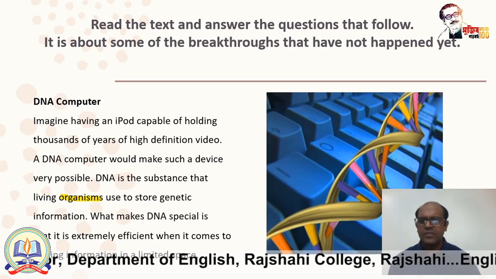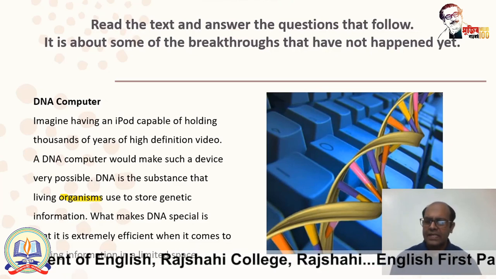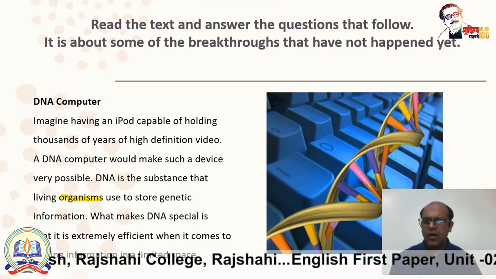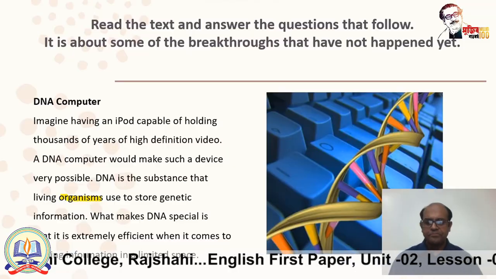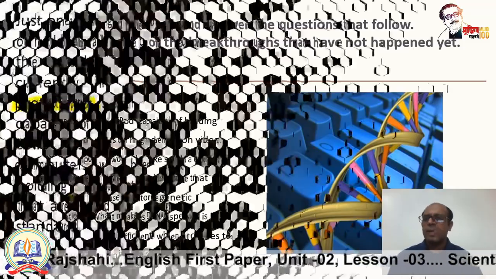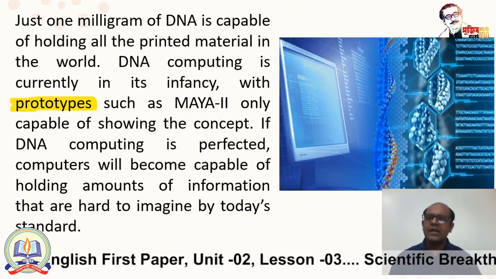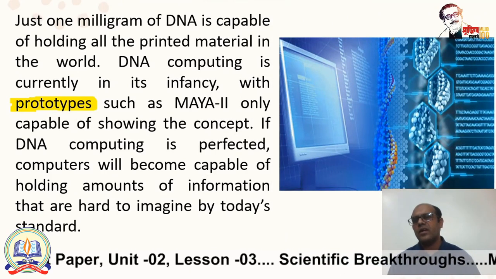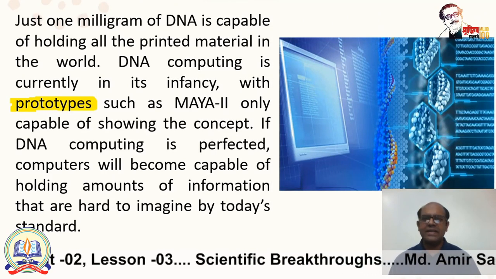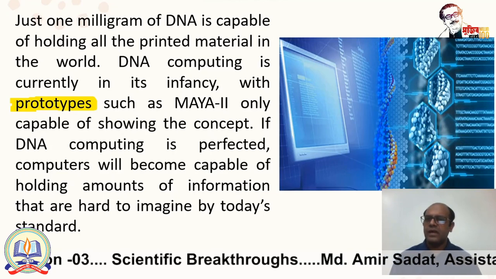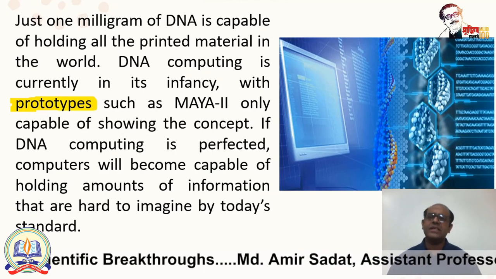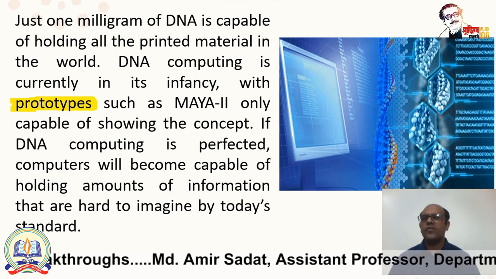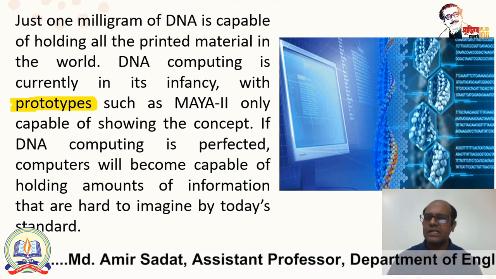Here, organism means a single living plant or animal or other living thing. Next, just 1 milligram of DNA is capable of holding all the printed material in the world. I repeat, just 1 milligram of DNA is capable of holding all the printed material in the world.